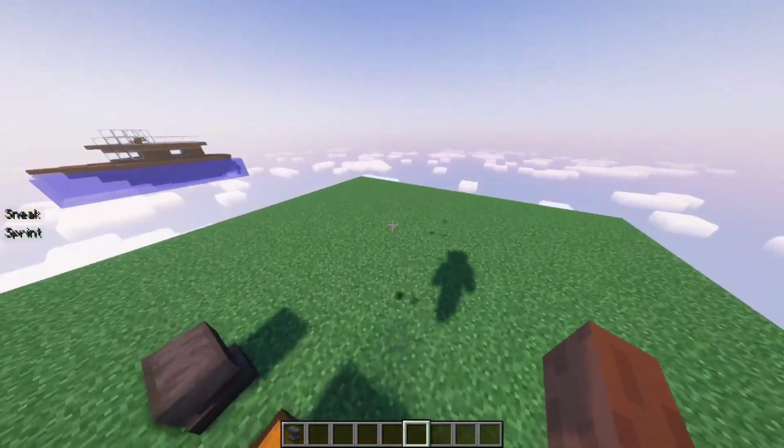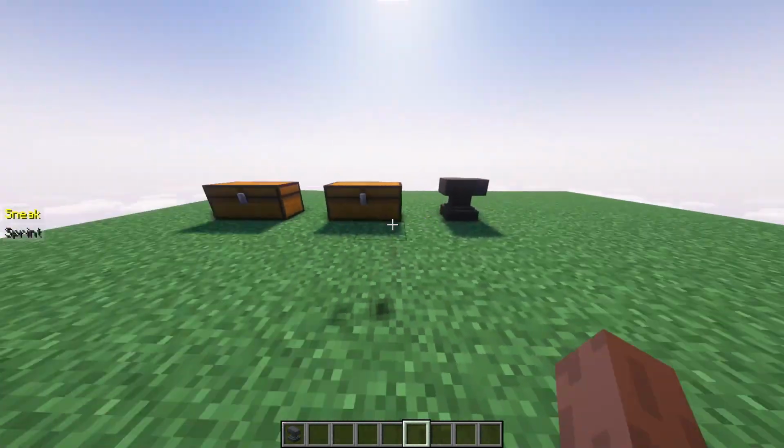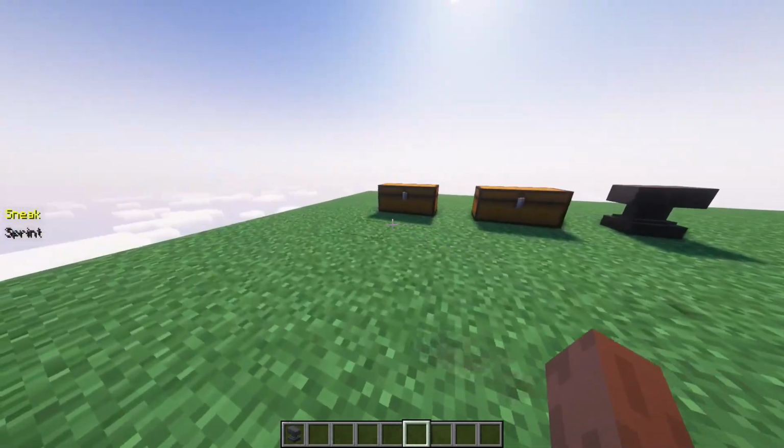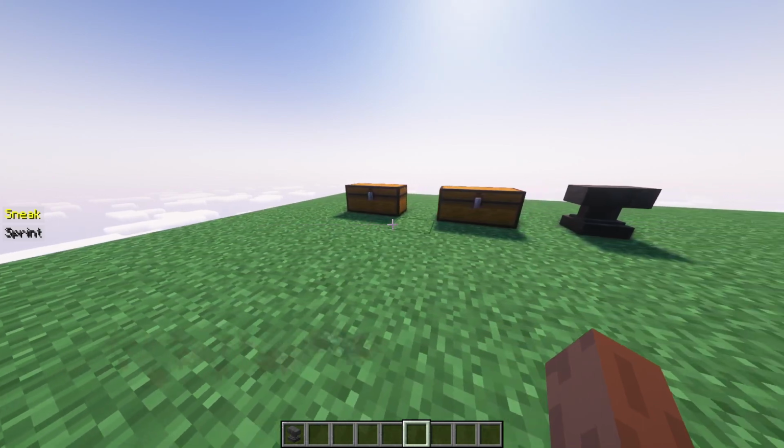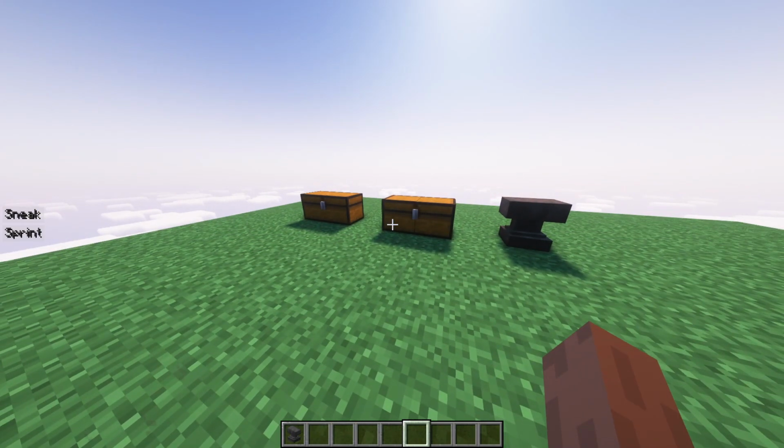I definitely encourage you to try stuff out in creative and see how much different orders cost, how much you pay in total in levels and in XP.